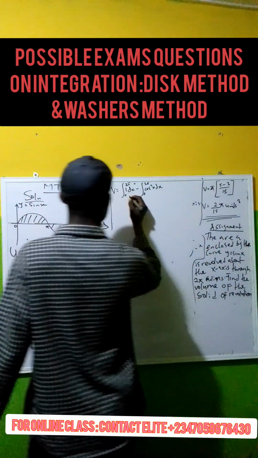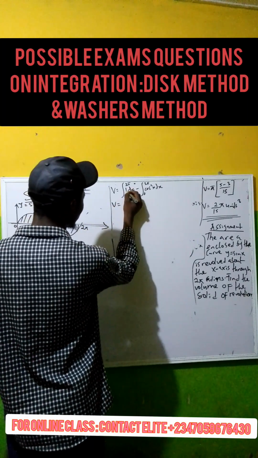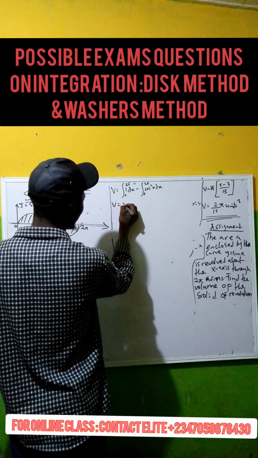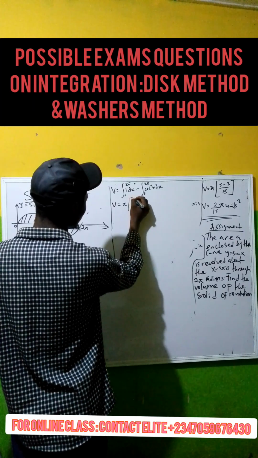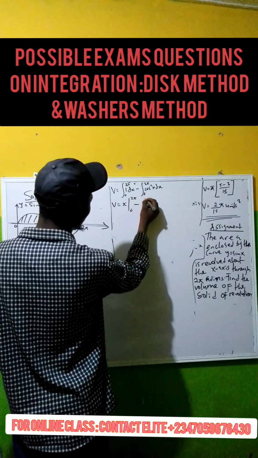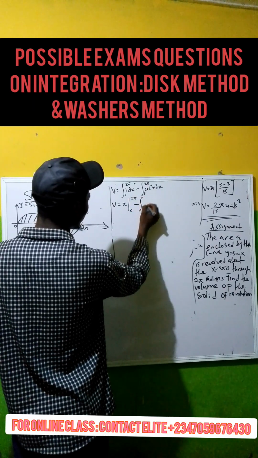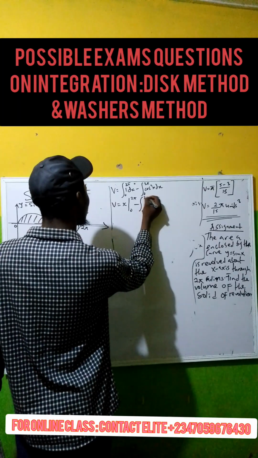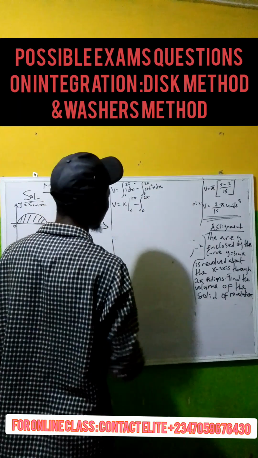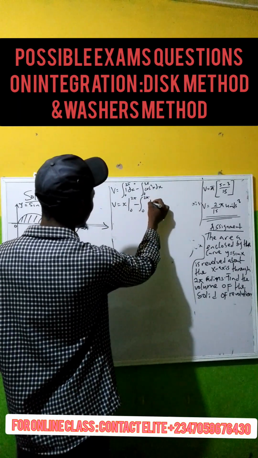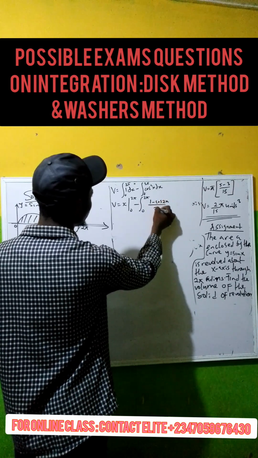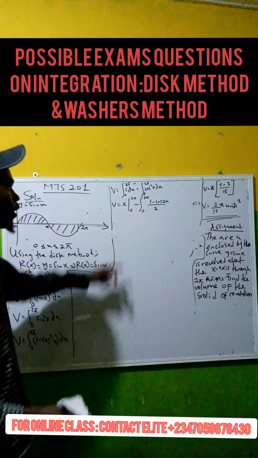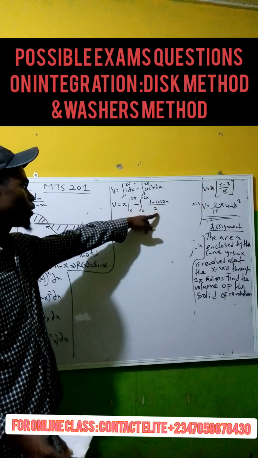So V equals, if you integrate this one, we have x from 0 to 2 pi, minus this one. We are still going to expand this one further. You can't integrate it like this. If you remember, cos square x is the same thing as 1 minus cos 2x over 2.